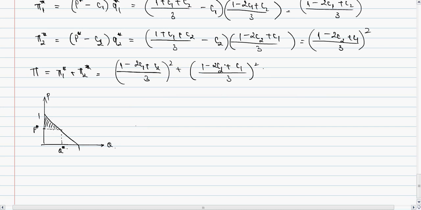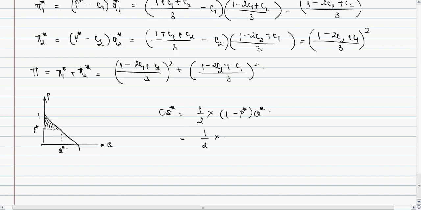So the consumer surplus in equilibrium, I'll put a star to indicate that, will be equal to half of (1 - P*) multiplied by Q*. Okay, so knowing the values of P* and Q*, you will be able to find the consumer surplus.